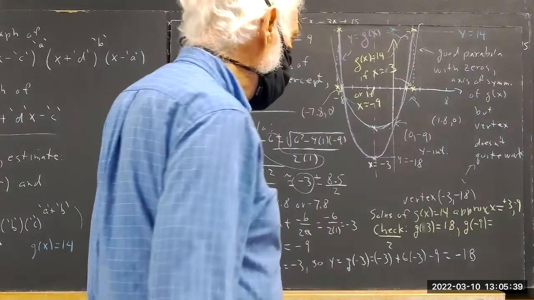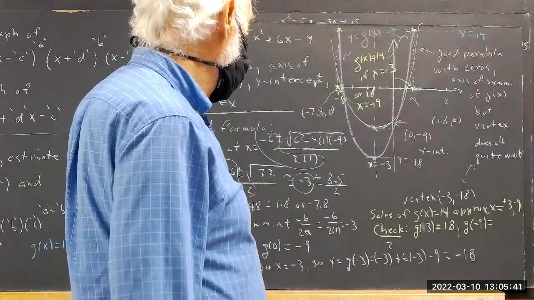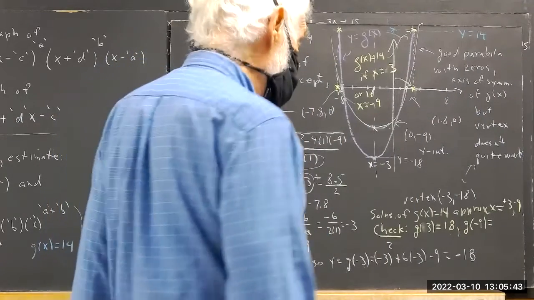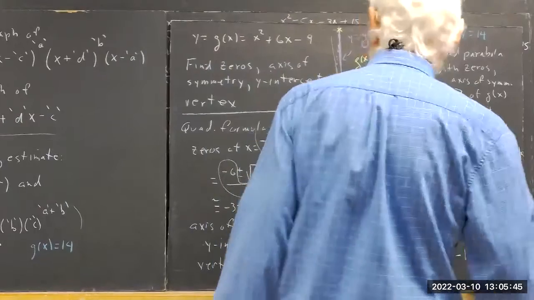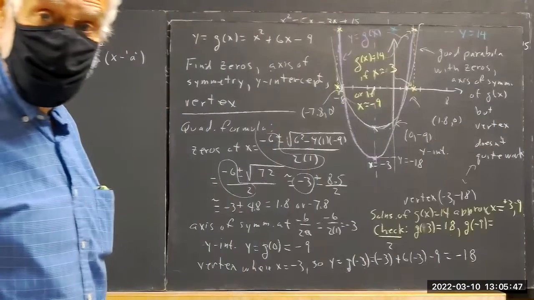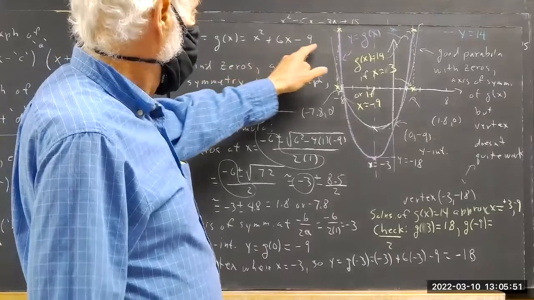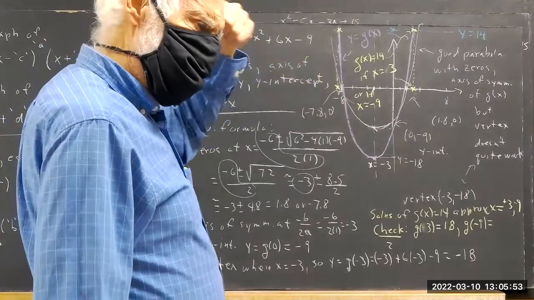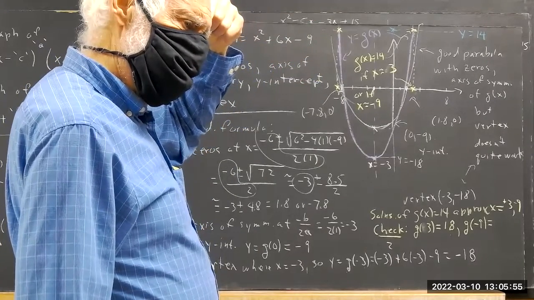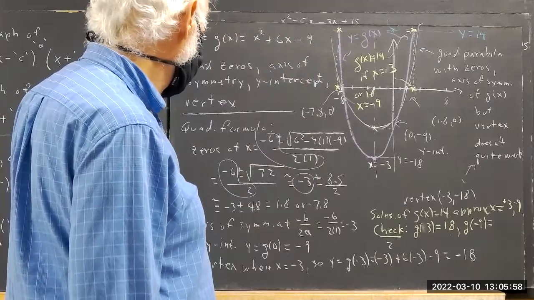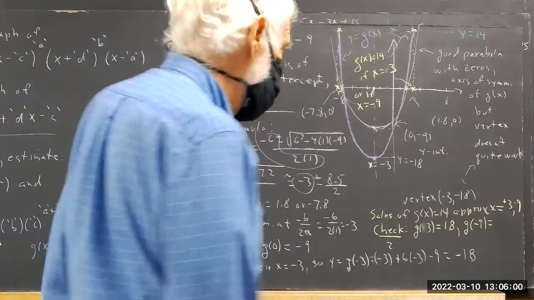Let's see how g of -9 works. It's going to work as well. It's going to equal 18. You're going to get 81, right? Minus 54 minus 9, which is 81 minus 63, which is 18.